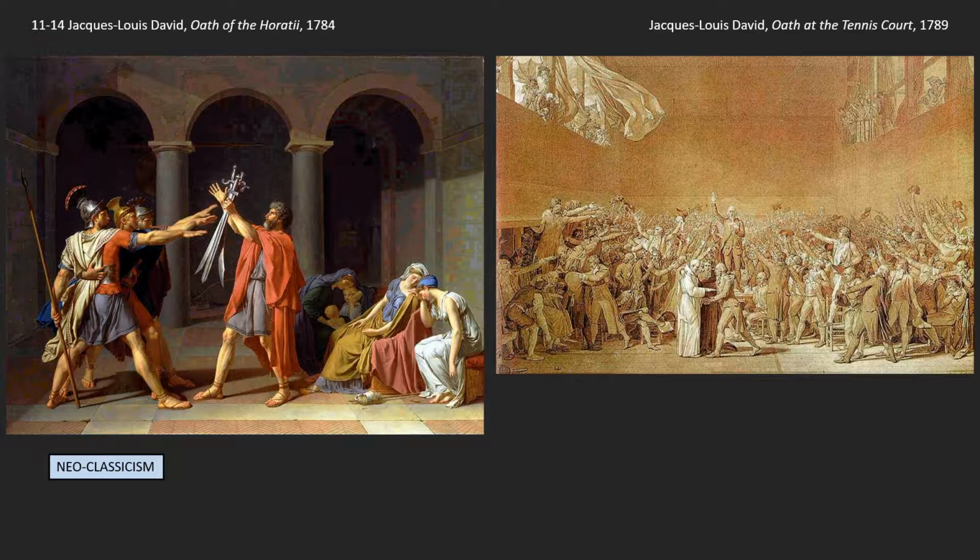And so David's Oath of the Horatii takes up this idea of the exemplum virtutis that we talked about before, the example of virtue derived from Roman history, again, a period of great rationality. But it's meant as a lesson for today: that there are some things that are worth bonding together as a group to fight for, despite your own personal desires.